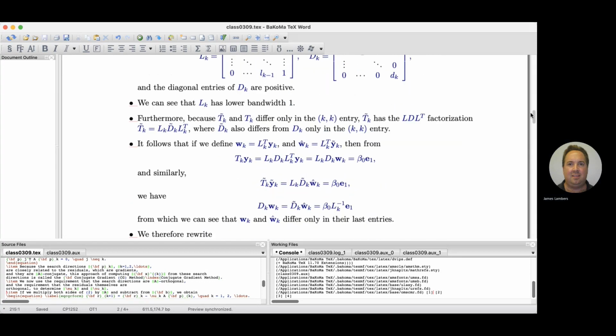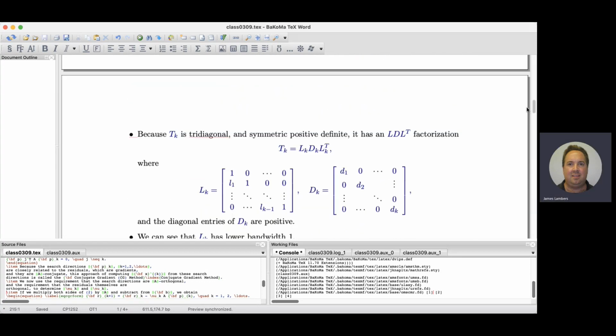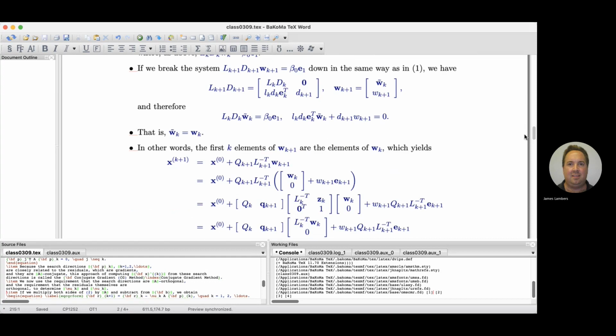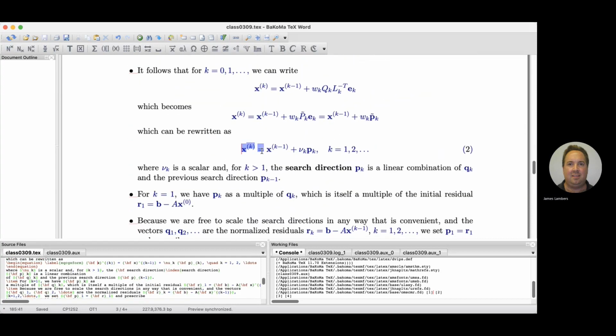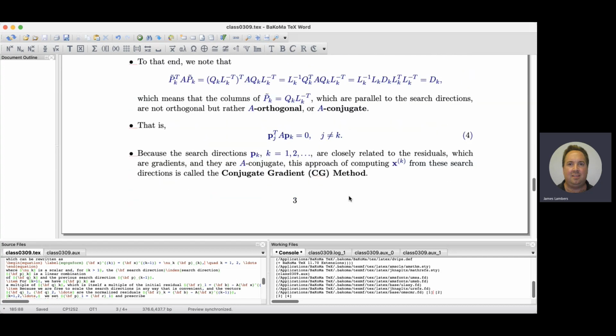I'm going to scroll back to equation 2. This equation right here, what I'm going to do with this is multiply both sides by A, and then subtract the result from b, our right-hand side.